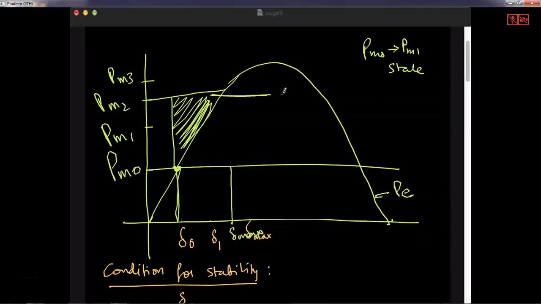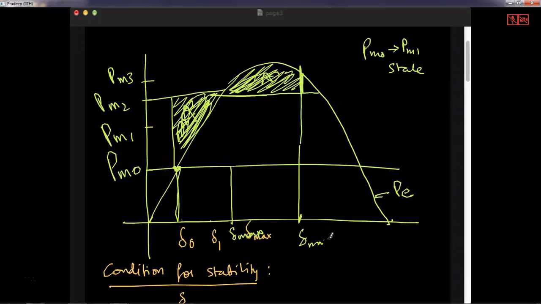So maybe here, this area, somewhere here, if I just cut it here, so it is satisfying. So let's say this area equal to this area. Then the maximum value of delta will be like this. So delta naught is known, delta max is unknown. So it is achieving up to this much. So what is the limit? So let's look at PM3. So PM0 to PM2 also stable.